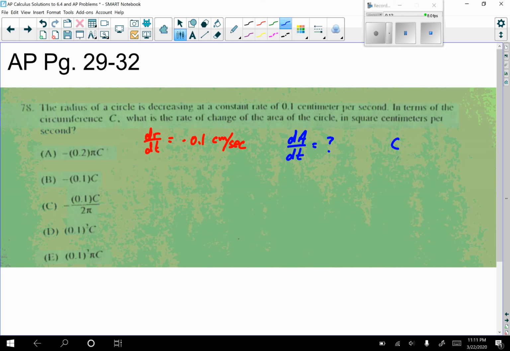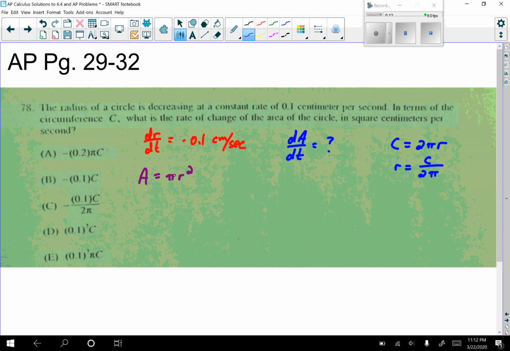So we also need to know that circumference is equal to 2 pi r, but we need to relate area to our radius. So the equation we're going to differentiate is area equals pi r squared. But looking at this in terms of our circumference, we're going to need to replace that radius. So radius is equal to C over 2 pi.